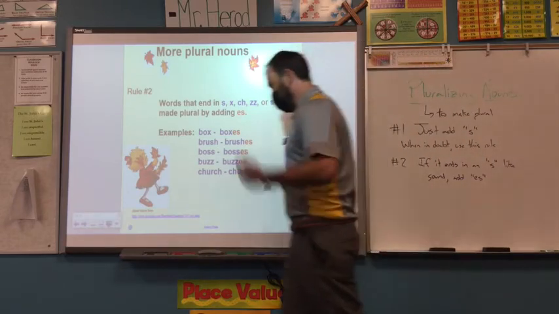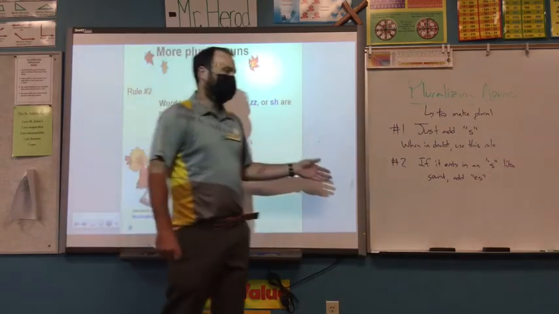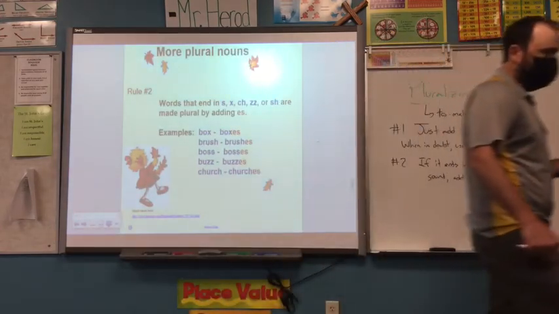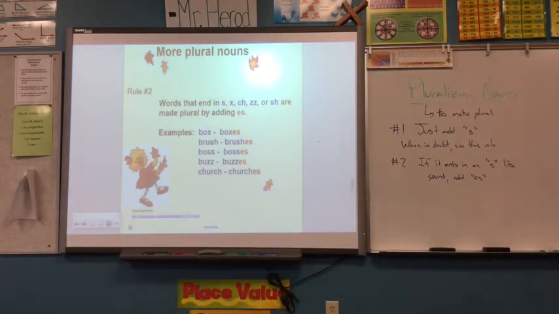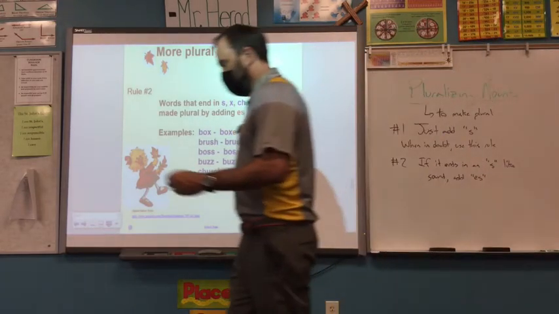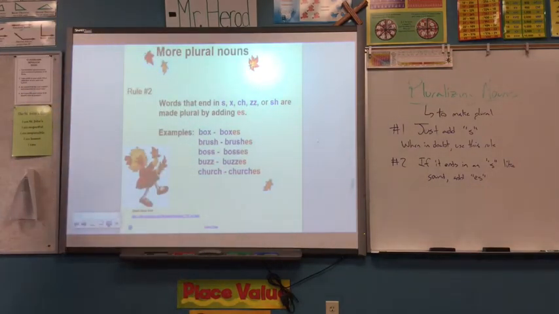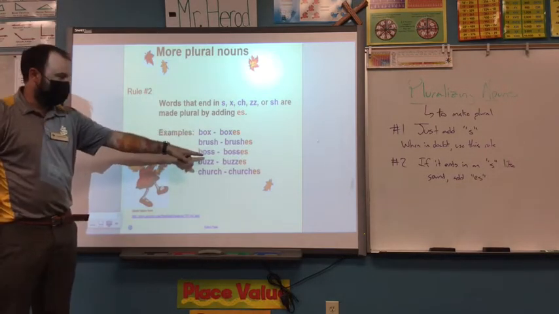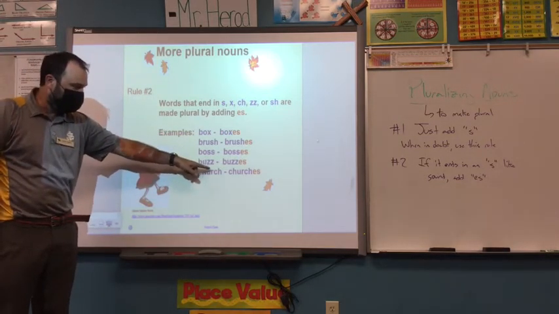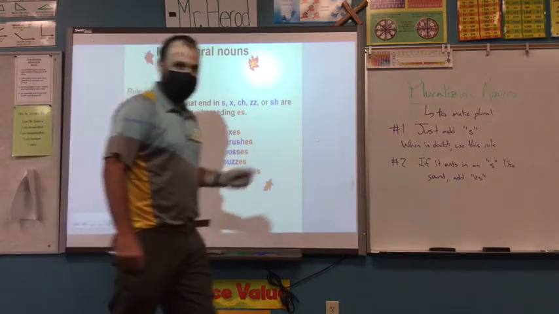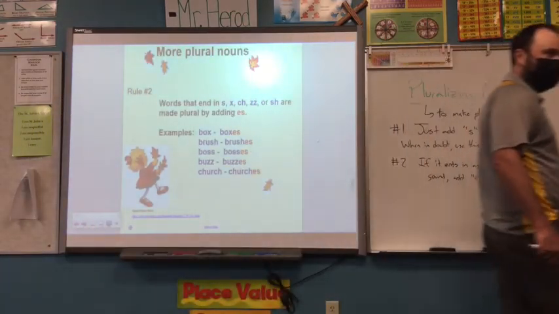Here's my trick, and I put it right there. So instead of trying to memorize all those different letters, which you can do, if a word ends in a sound that sounds like an S, or a Z, or sh, that kind of has an S sound to it, that's when you add ES. Box, rush, boss, buzz, church, all those have an S-like sound at the end, right?